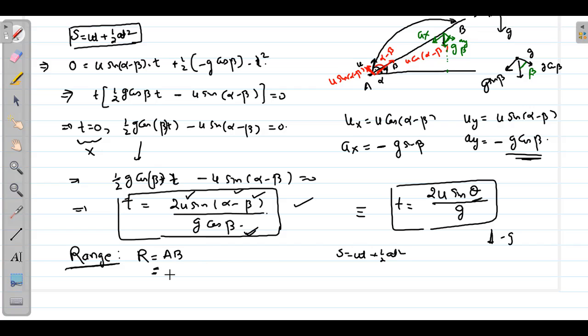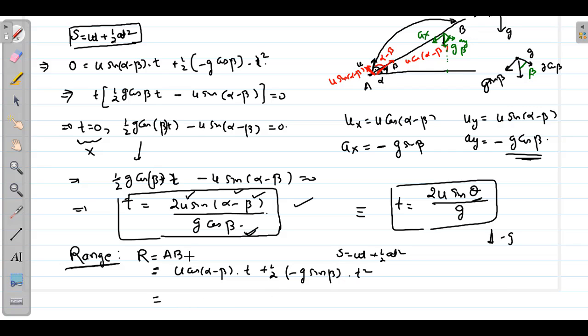Then ux is u cos alpha minus beta, and it is along the positive x-axis, so positive, into t plus half. Along the x-axis, acceleration is minus g sine beta. So we use minus g sine beta and then t square.